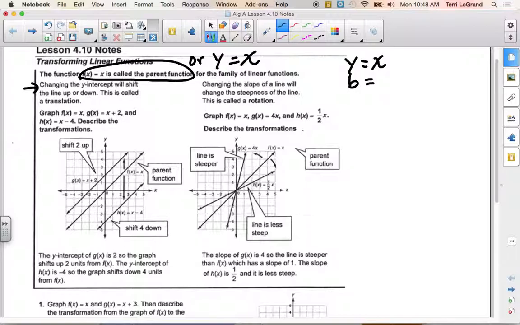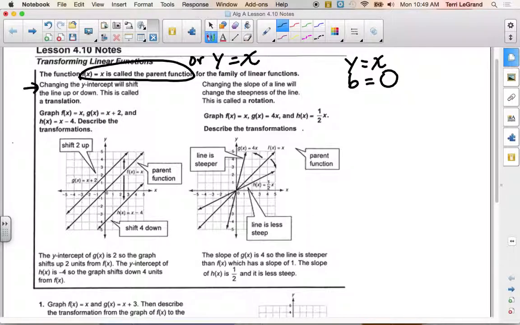In other words, if I said to you, you need to write b equals something, what would you write? Hands up if you think you know. Okay, what do you think, Malcolm? What do you think the y-intercept is? 0. Yeah, the y-intercept is 0 for the parent function.